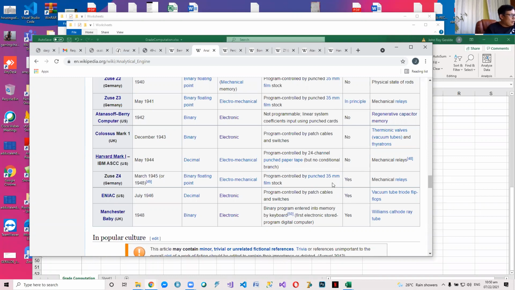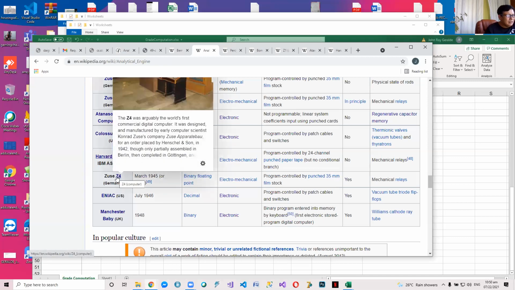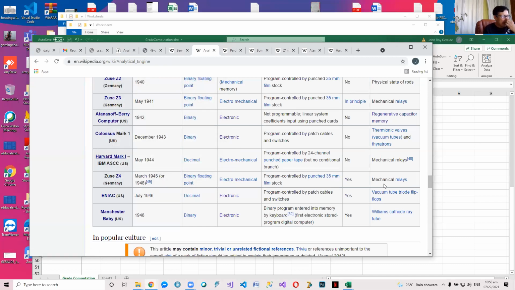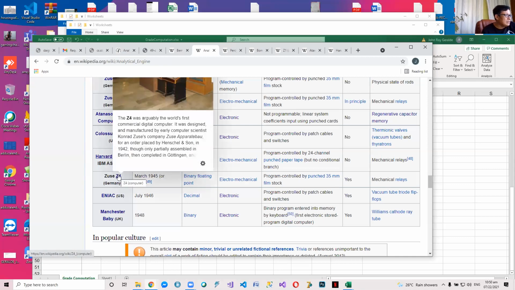Now, Zeus Z4. Okay. Zeus Z4 was invented, this is the first, in 1948. Very popular, no? Which was the first commercial computer? Let's look at that. I think Z4.